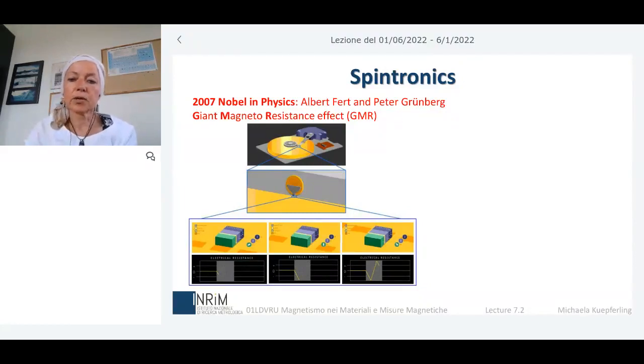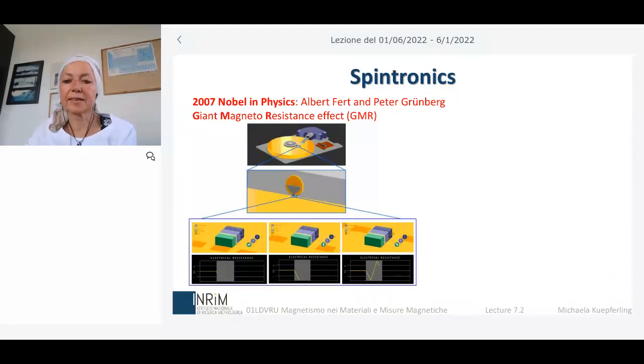This really created an incredible improvement of hard disks and the storage density that we can reach, because we have nowadays GMR sensors which are much more sensitive than the old AMR sensors, which were based on AMR, as you saw in this lecture today. So this industrial impact, of course, caused the fame of this effect.